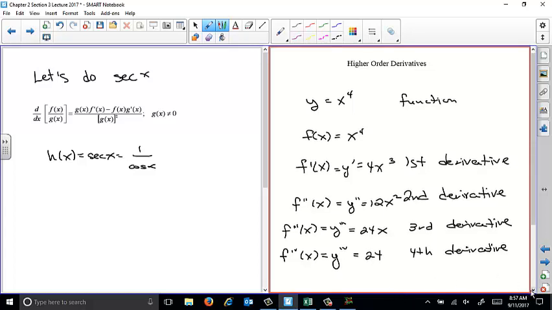And ultimately, with polynomials, you run out, you get to the point where you go to 0, and after that point, the derivatives are 0. So f to the fifth derivative, we'll use a little v for that, is 0. And at that point, all the subsequent derivatives are 0. The 6th, 7th, 27 millionth derivative is 0.